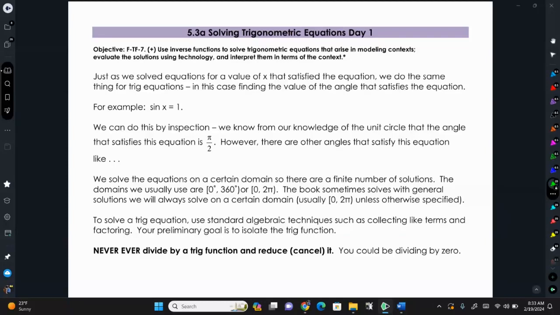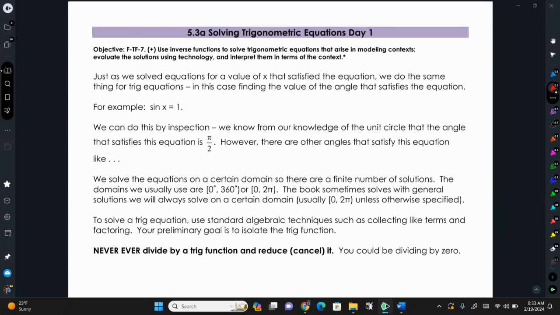Section 5.3 is all about solving trigonometric equations, and we're going to be using some of the identities that we learned in the last couple of sections to help us solve these trig equations.